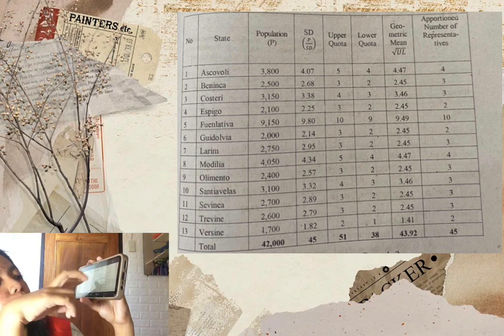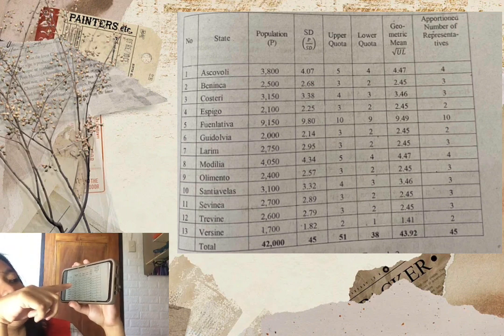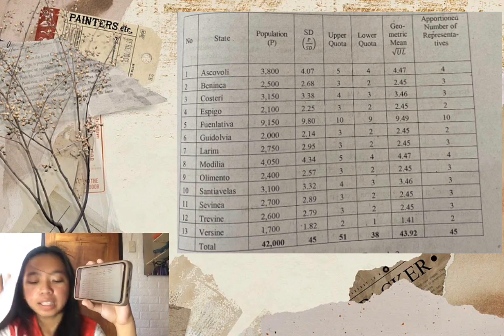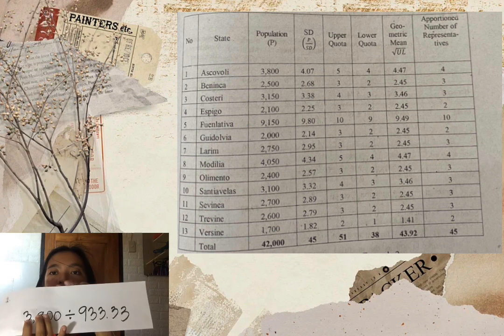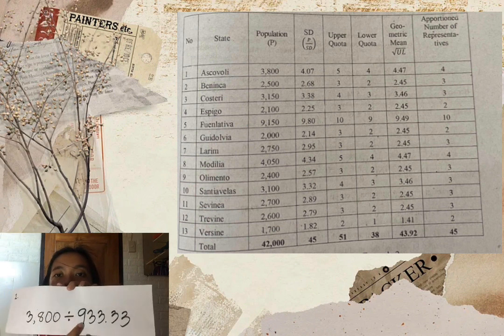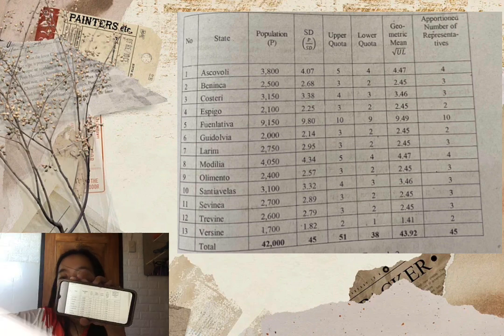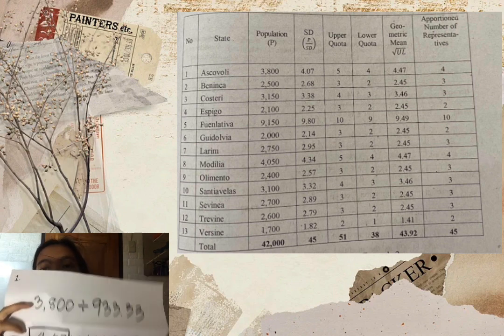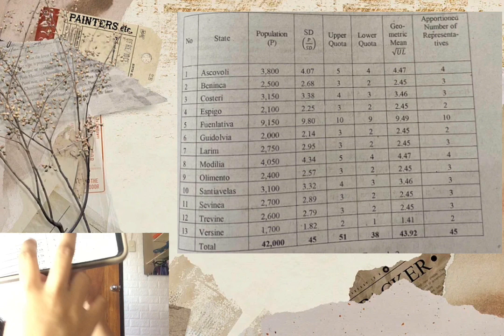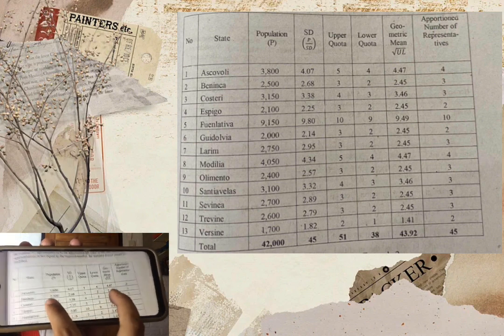So you need to divide 3,800 by 933.33. That will give you a total of 4.07, which is, eto na siya, 4.07.